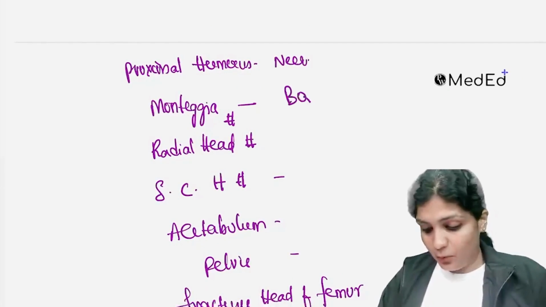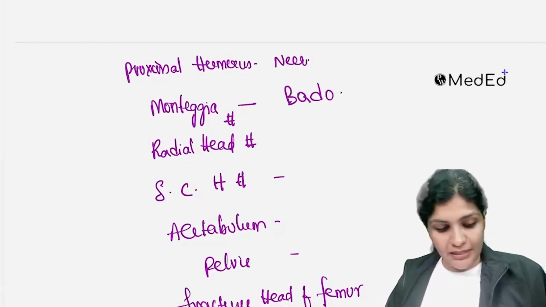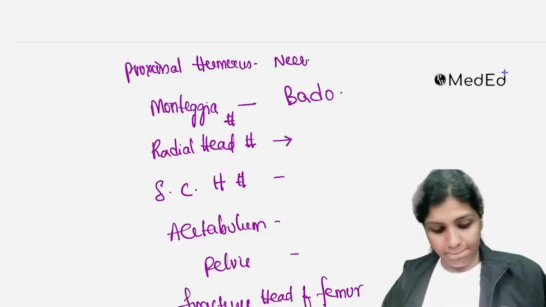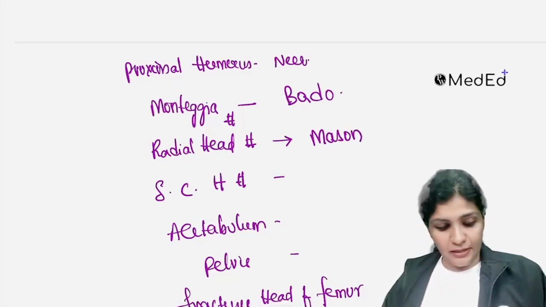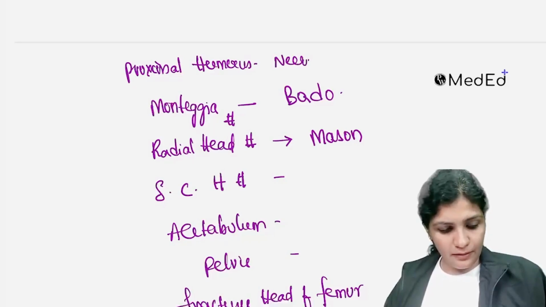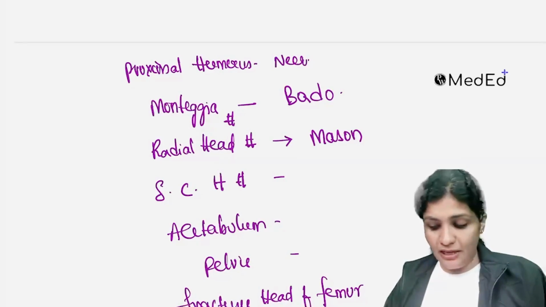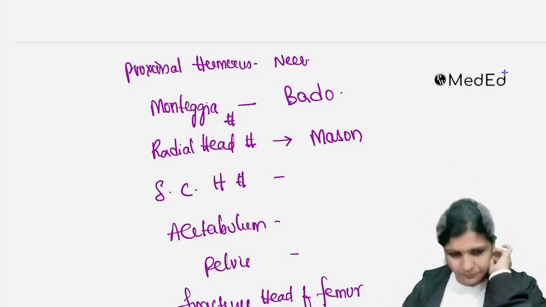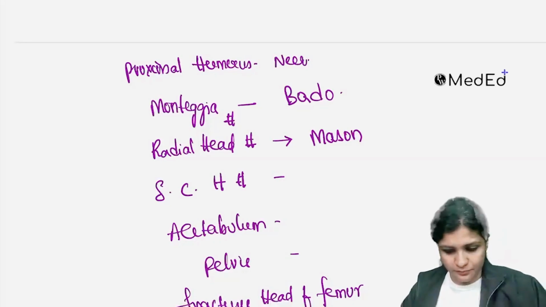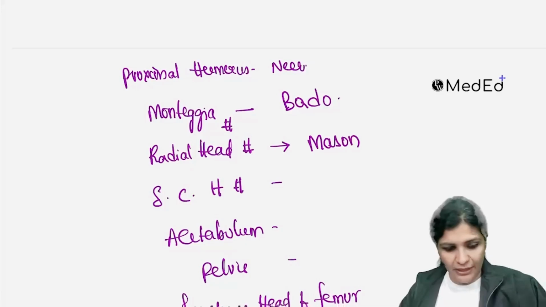yes, it is Bado, not Boyd. Next, radial head, it is Mason, right? Yeah, very good. It is Bado for Monteggia. Yes, Mason for radial head.